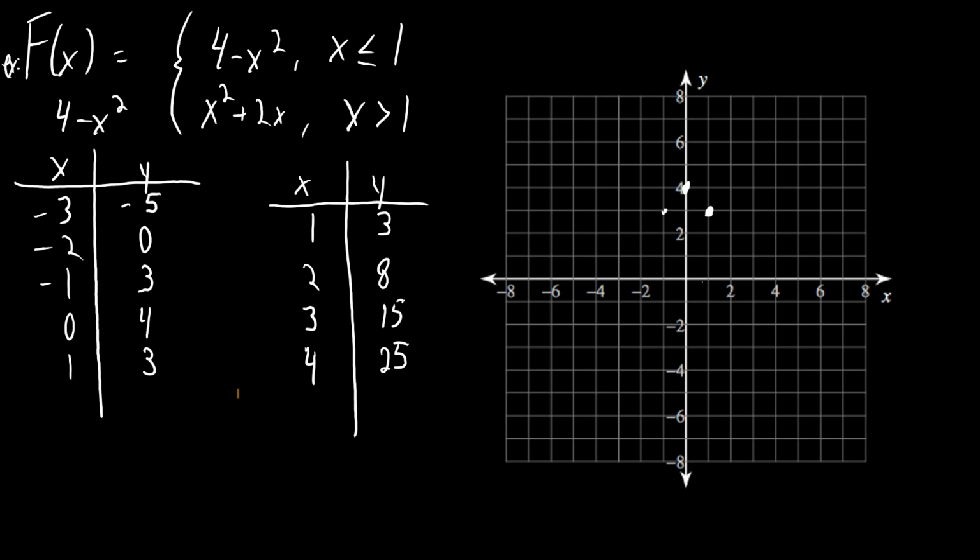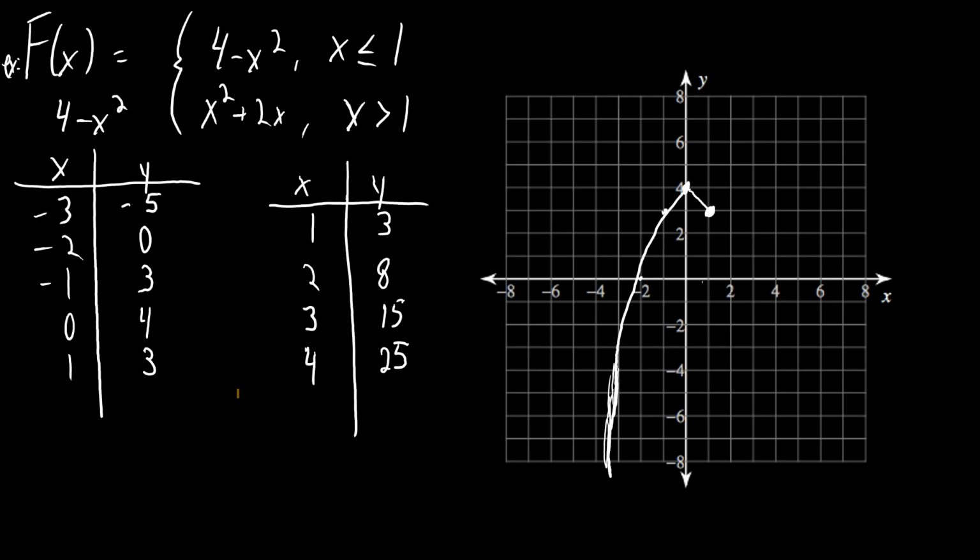We also have -2, 0 and -3, -5, excuse me. And we can just imagine this goes down indefinitely since there's nothing saying it doesn't.